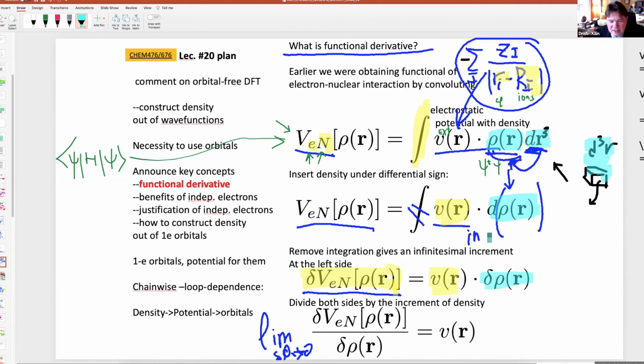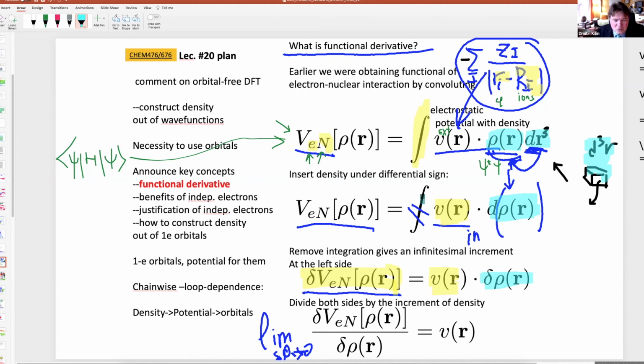And now our integration will include integration not over the elements of volume, not over the space, but over the density, in some crazy, not Cartesian space, just some abstract space of density, right? So our independent variable becomes density.